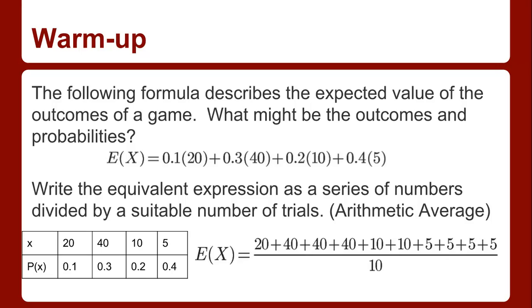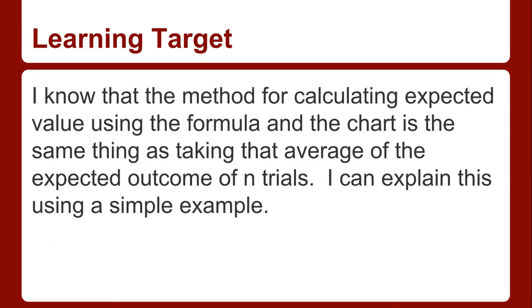This is what I want students to be able to do: identify that the sum of x p of x in a chart like this is the exact same thing as the arithmetic average. Now we usually see the chart vertically, not horizontally, but that's fine. I just did it that way so it would fit on the slide.